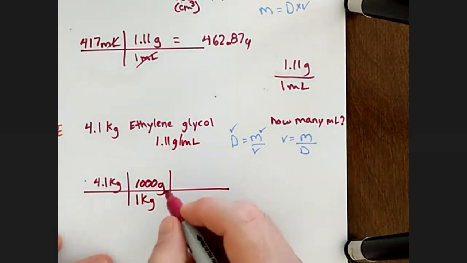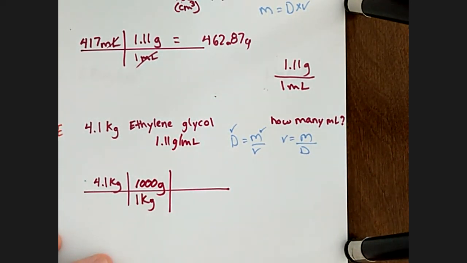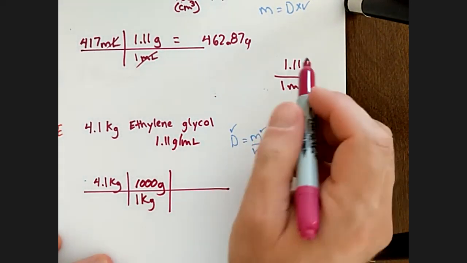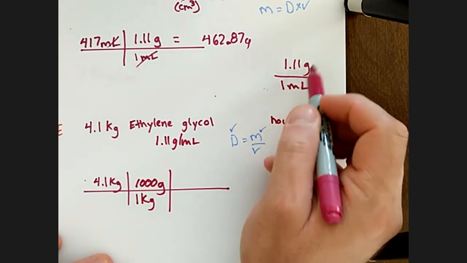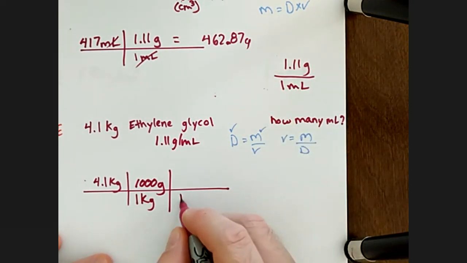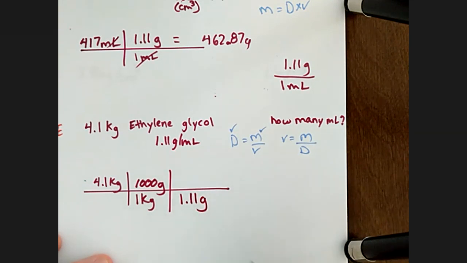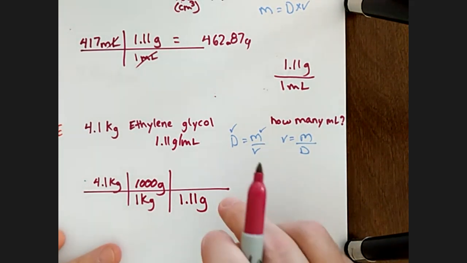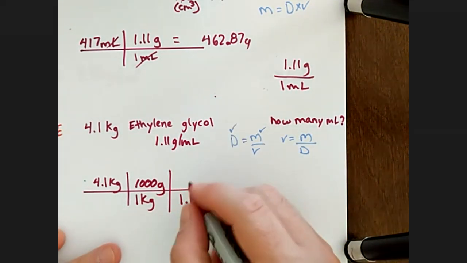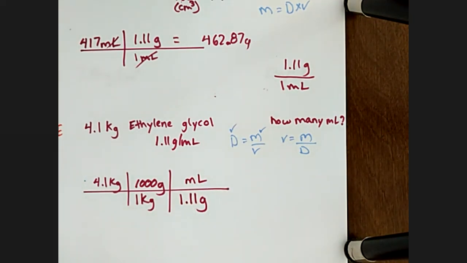Now we're in a unit that we can use. Again, because the term is separated as this, the 1.11 grams is where I'm dividing. But what happens to the milliliter? If you divide by a fraction, it's like multiplying by the reciprocal. So the milliliters appear on the top.